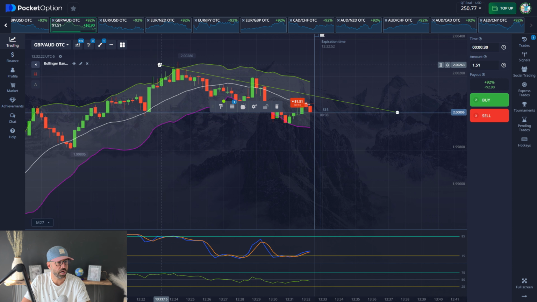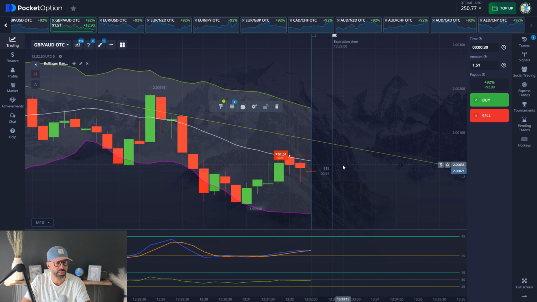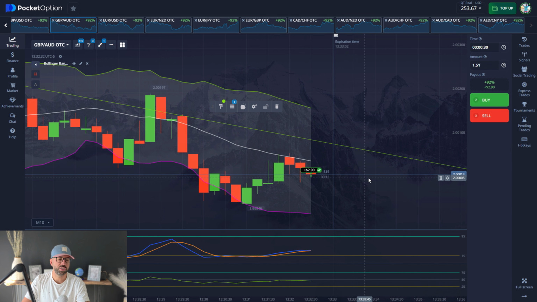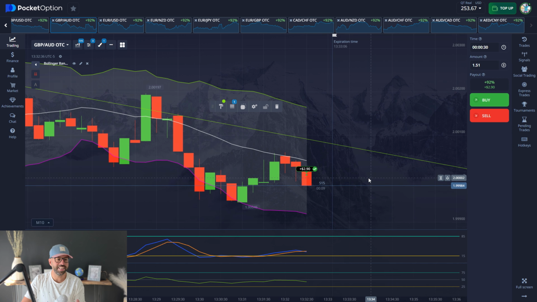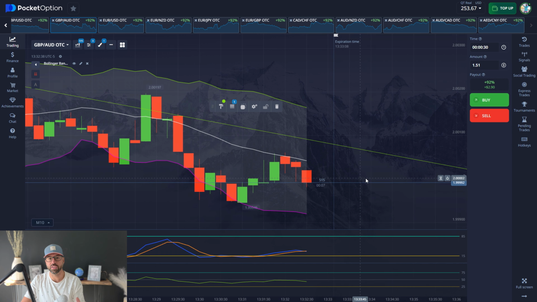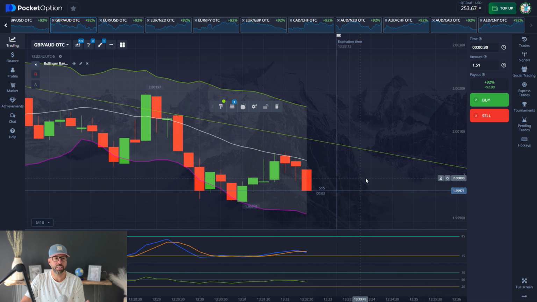Here's our top, and we're going to use this top candle right here as our trend line. So let's see what happens here. And just as the indicators indicated and the momentum of the candles had, we were able to do exactly what I said we were going to do, which worked out flawlessly.